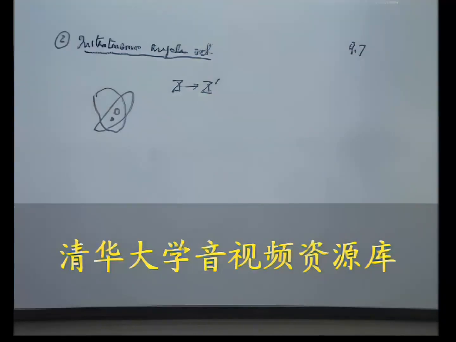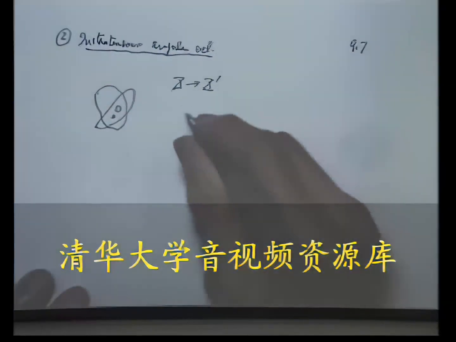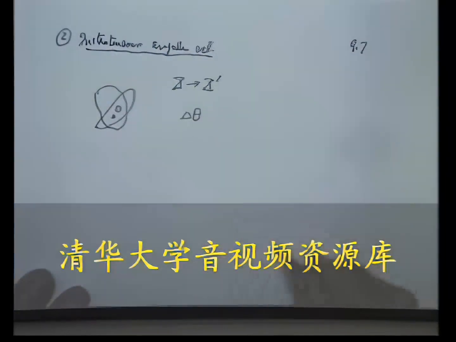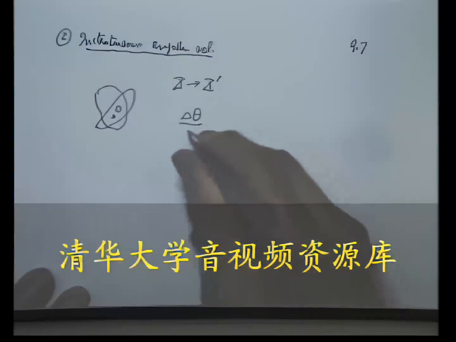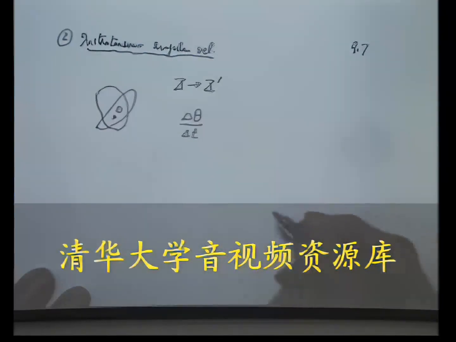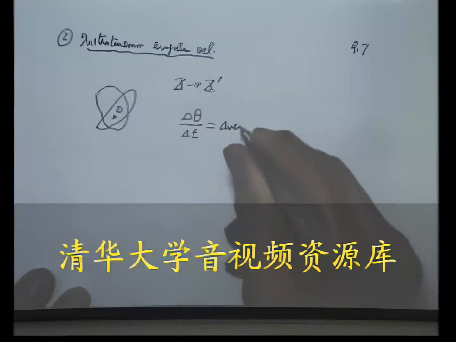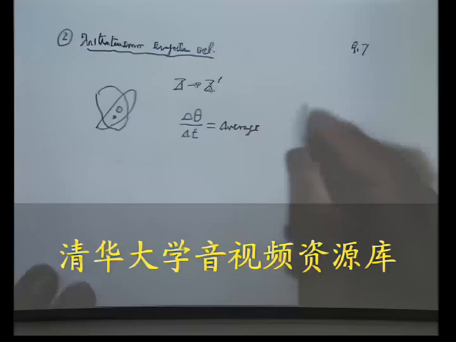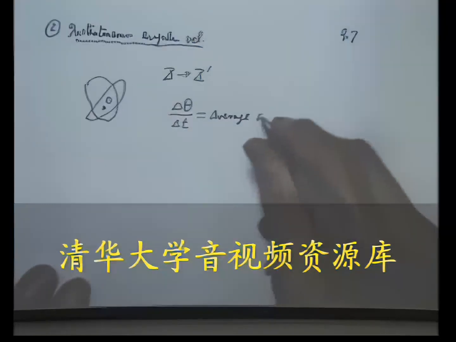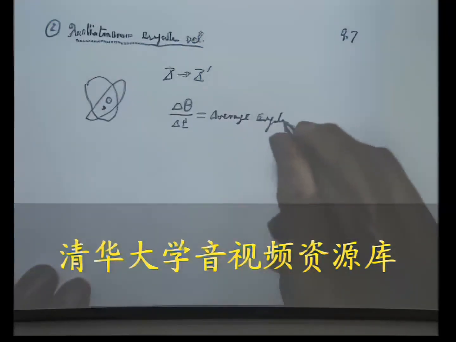This motion is a rotation. There's an axis, and once you have an axis, of course, you have an angle of rotation, theta, so delta theta. If that motion goes through a time delta t, that is equal to the average angular velocity.